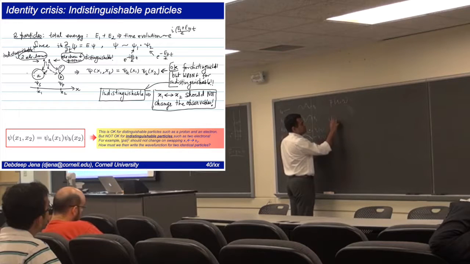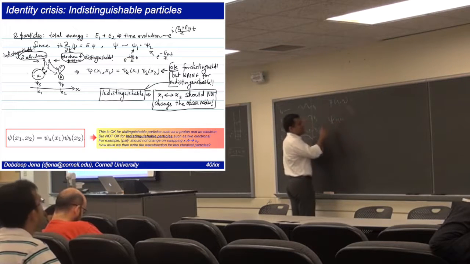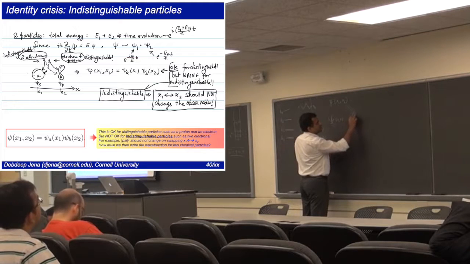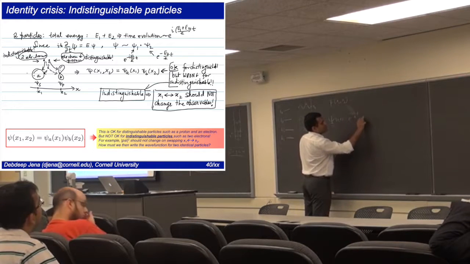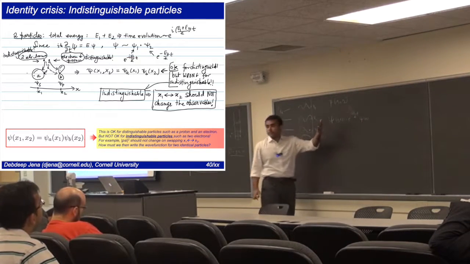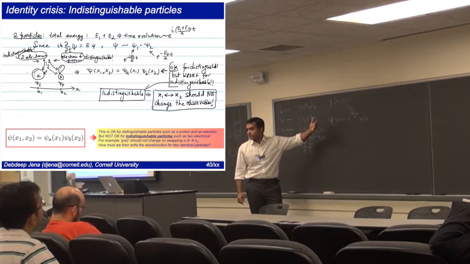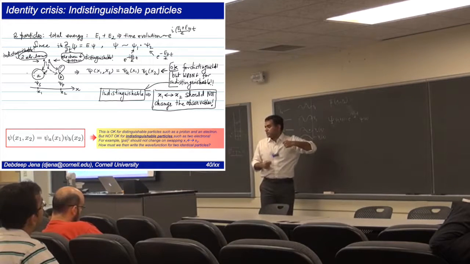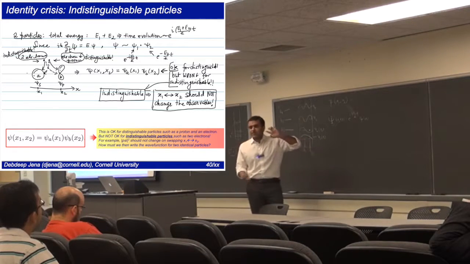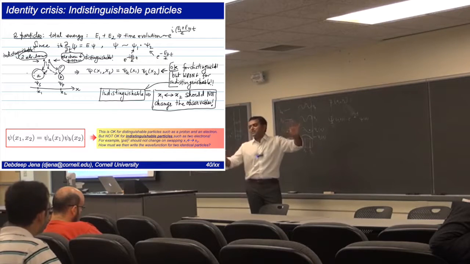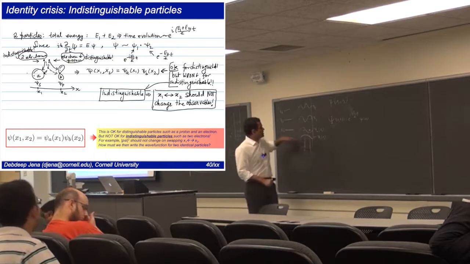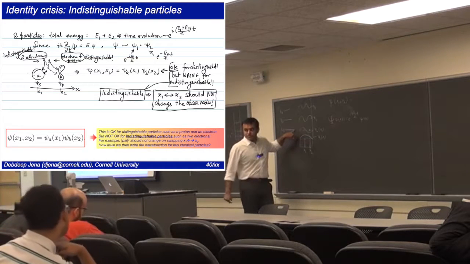If that's not clear, the way to really look at it is to go back to the time-dependent version of the wave functions. If you remember, for eigenstates, it looks like e to the power minus iE over h bar t times the space-dependent part. That's the full-blown version of the wave function. And when I have two particles, the one thing you know for sure is that the total energy is the sum of the two energies. Let's simplify things and take two non-interacting particles, one with energy E1, the other with energy E2.